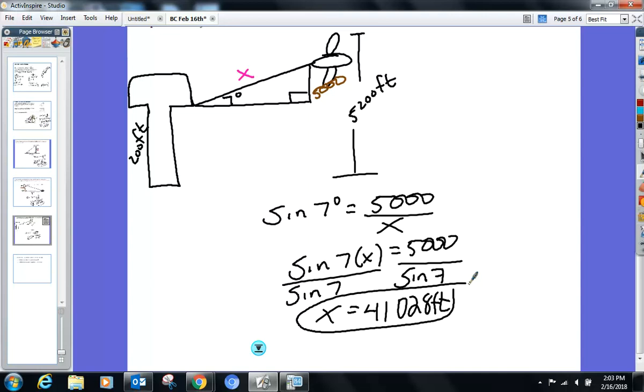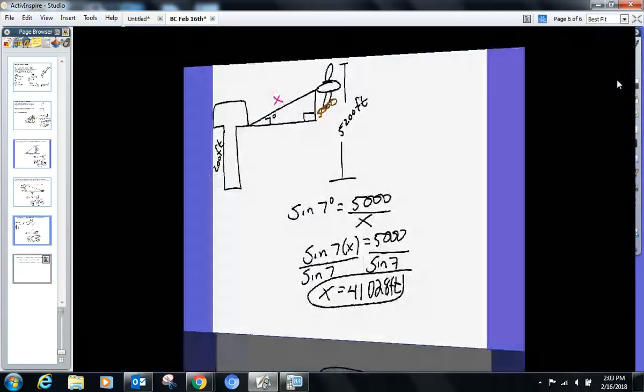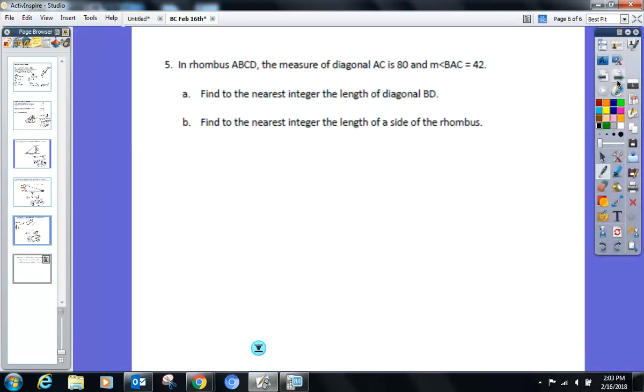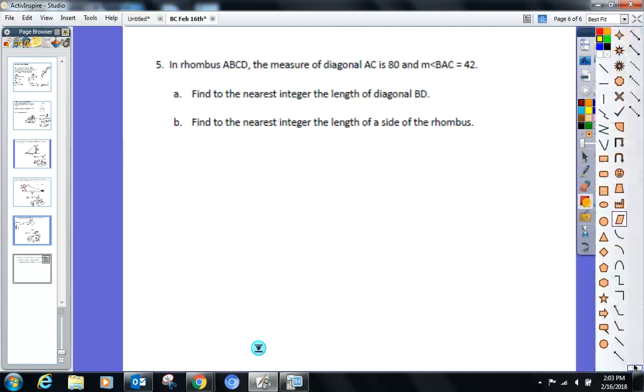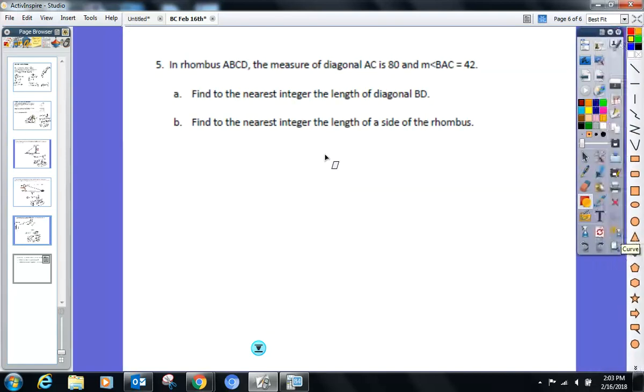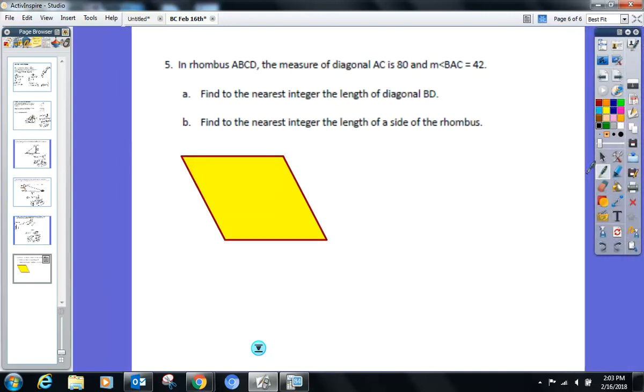And then a little bit, sorry, I got to go a little dry here. Rhombus. Start thinking about your properties other than all four sides are equal. Rhombus. A, B, C, D. Remember how to label a rhombus or any quadrilateral. Never jump diagonally.